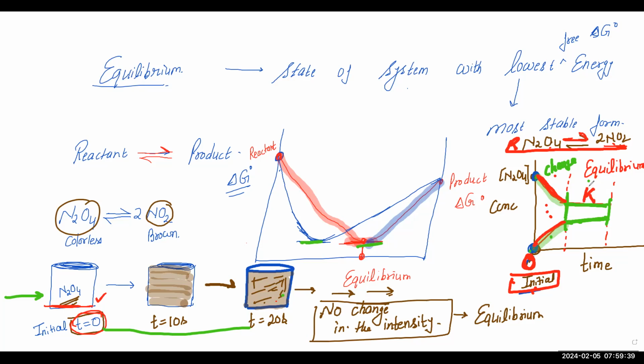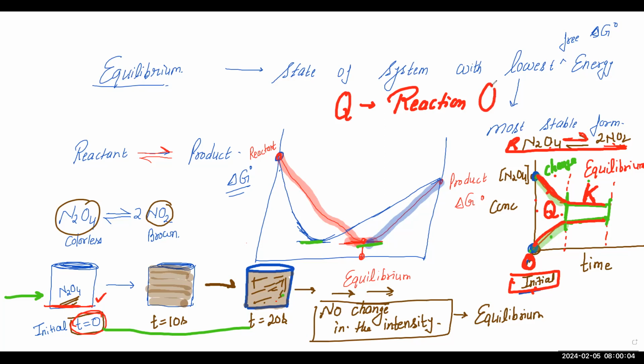We call it the equilibrium constant K. It's a constant. You can see the concentrations are constant. This is K. But before that, all this area is not equilibrium. We call it Q. Q is the reaction quotient.